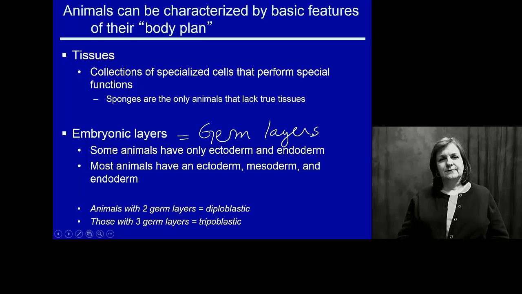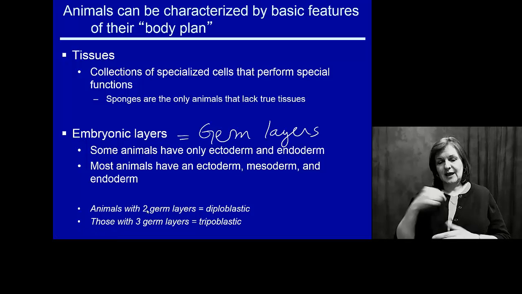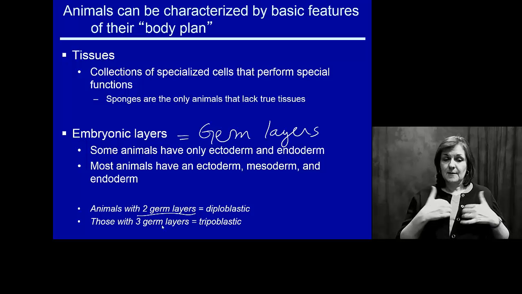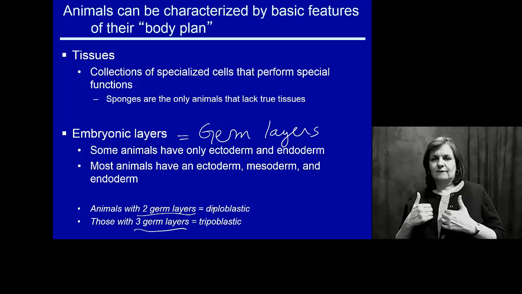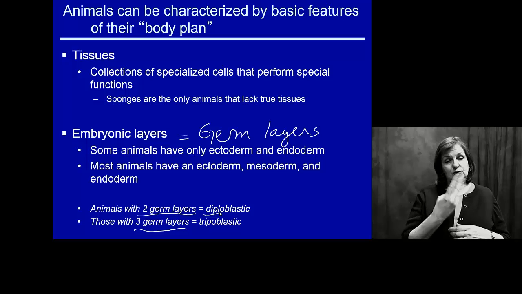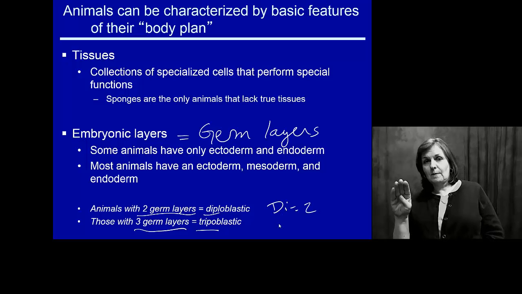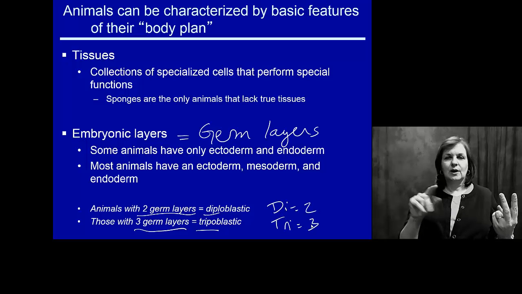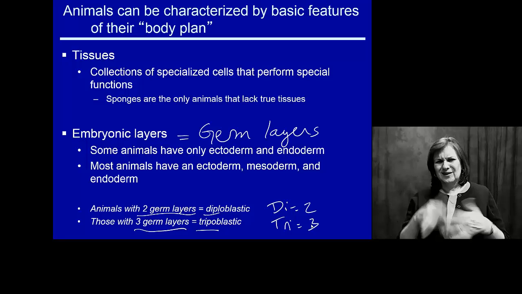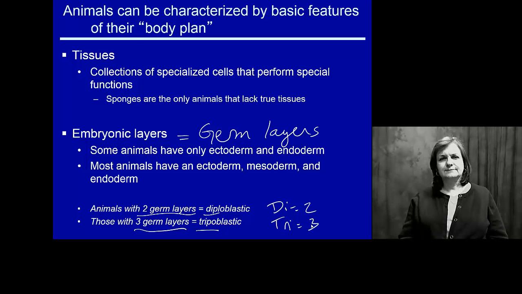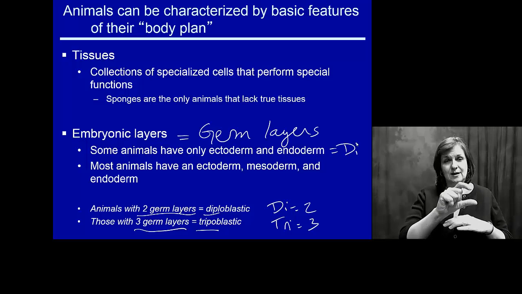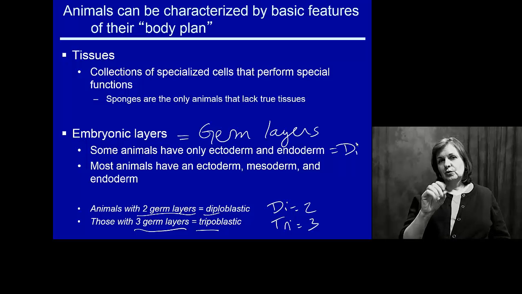And when we look at these germ layers, we have two possibilities. We have animals that have 2 germ layers and some that have 3. If you have 2 germ layers, you are a diploblast. If you have 3 germ layers, you're a triploblast. Remember, di is 2, tri is 3. Why is this important? Well, our diploblasts only have an ectoderm and an endoderm.